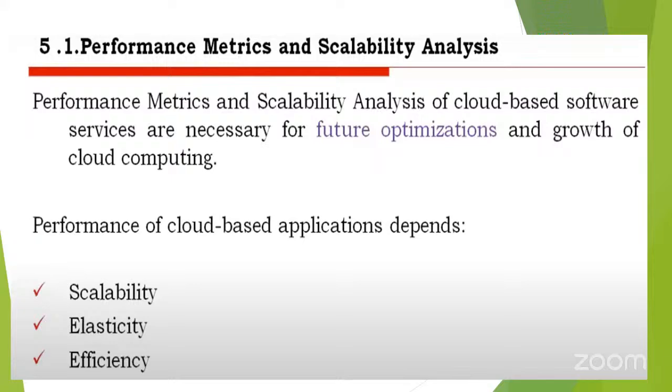These three factors decide the performance of a cloud-based application. So any app we develop and place into the cloud, that app's performance can be measured based on these three: how scalable it is, how elastic it is, and how efficiently it is working. We'll see them individually.